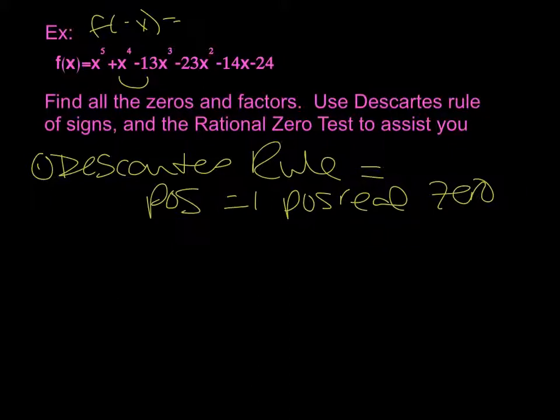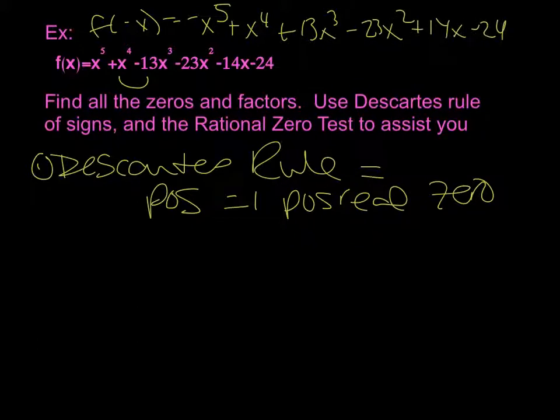My x to the 5th will change signs. My x to the 4th will not. My 13x cubed will change signs. The x squared won't. The x will. Minus 24. So for that one, I've got one sign change, 2, 3, 4. So my possible negative zeros are going to be 4 zeros.